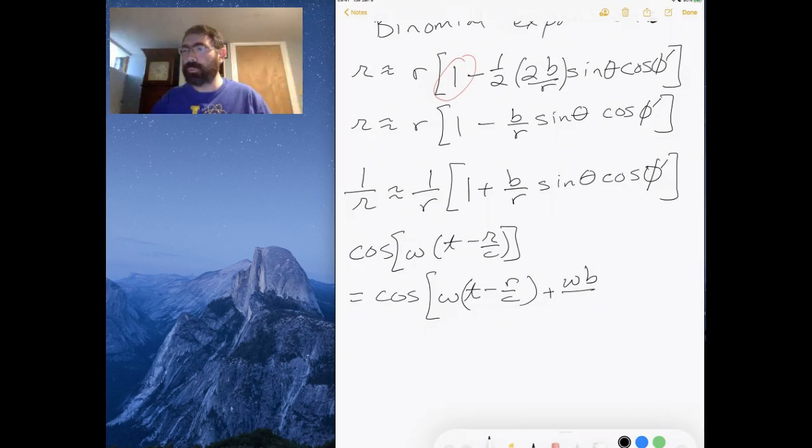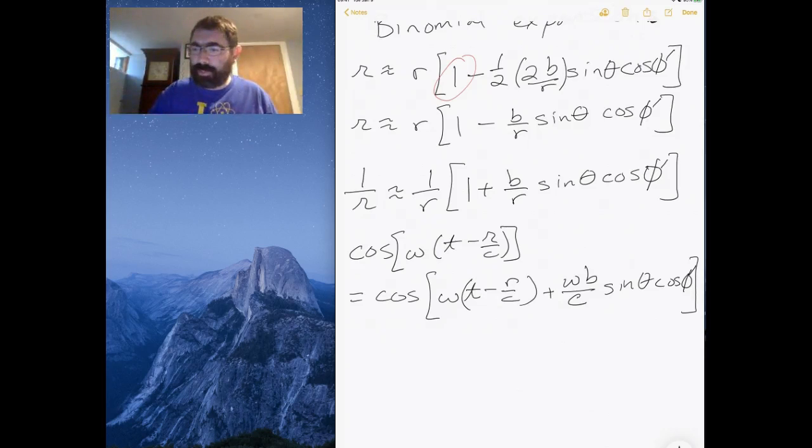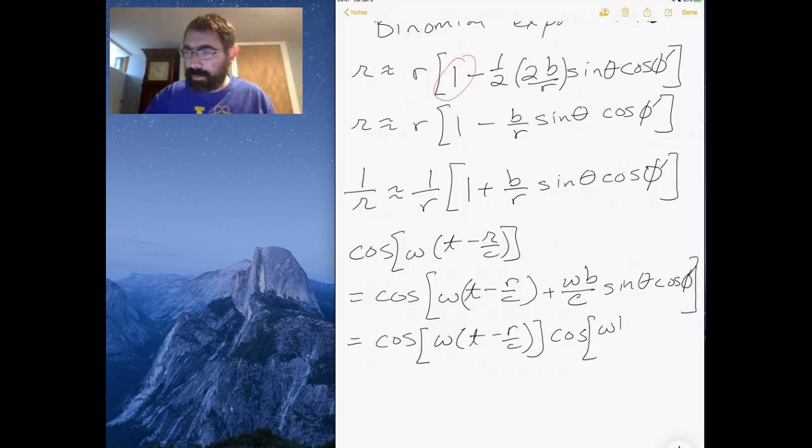When I multiply out the r through, I get rid of that r, and I'm left with just the c, and that would be sine theta cosine phi prime, like so. And then I can break this up with a trig identity into the cosine of omega t minus r over c times the cosine of omega b over c sine theta cosine phi prime, minus the sine.